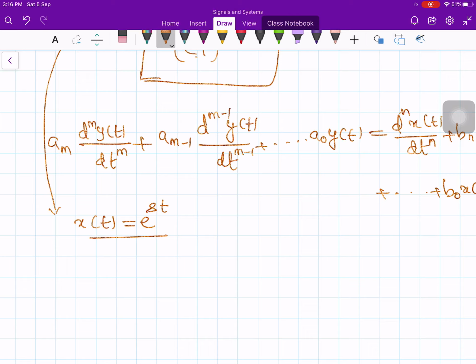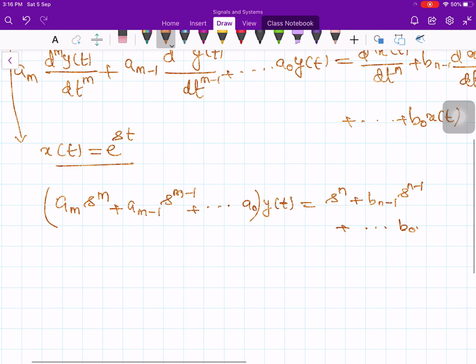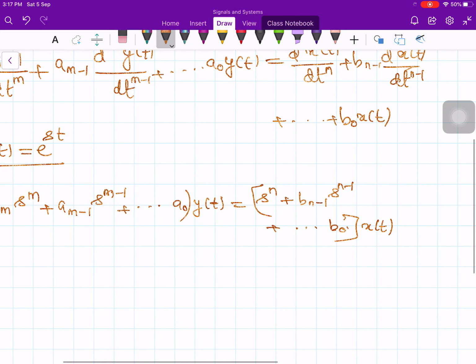So, this is going to be a m s to the m plus a m minus 1 s to the m minus 1 plus dot dot dot a naught, times y of t is equal to, on the input side, b n s to the n plus b n minus 1 s to the n minus 1 plus dot dot dot b naught. Now, multiply this by x of t.